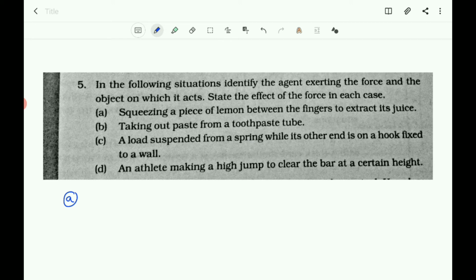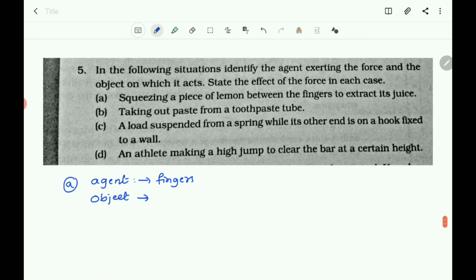So write agent. Agent what? Fingers. Next, object. Here the fingers exert a force on the object, that is lemon. And effect here, what is the effect of the force? That is change in the shape.